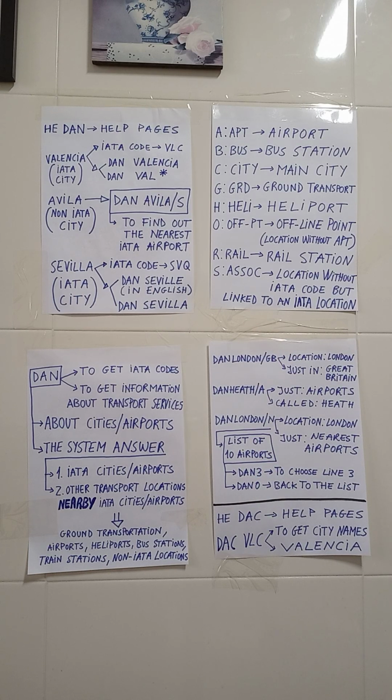First example, first situation, DAN London /GB is used to search for codes and information related to the word London by indicating to the system that we only want results located in the United Kingdom. It means Great Britain. So, location, London, just in GB, Great Britain.